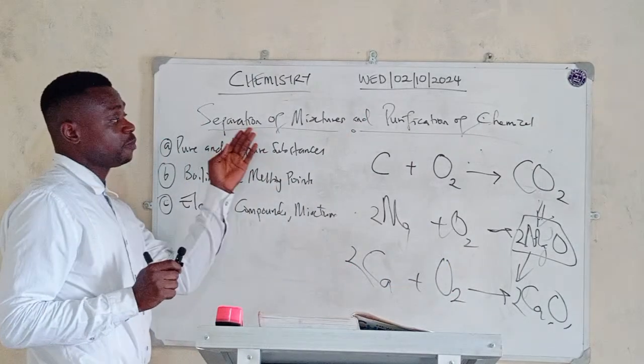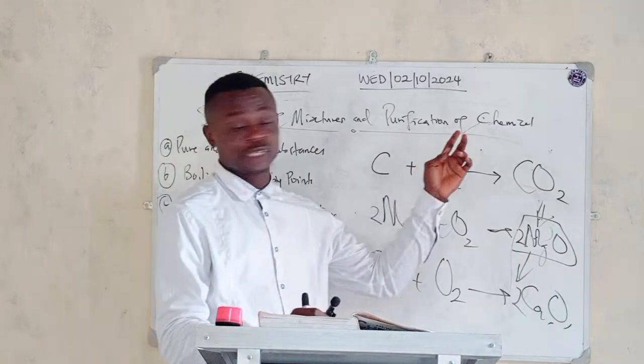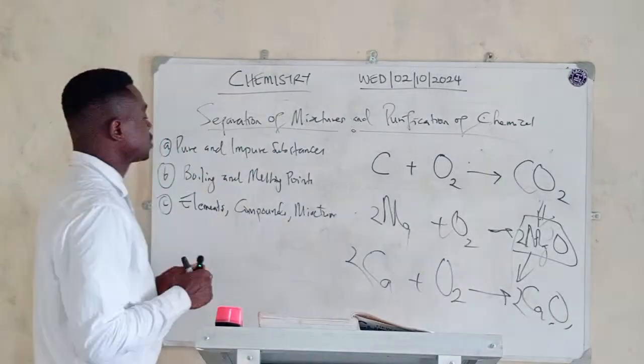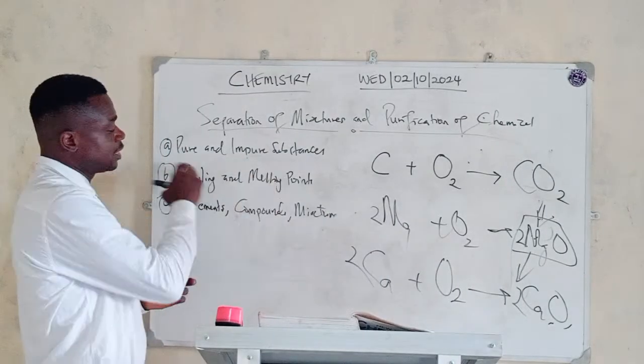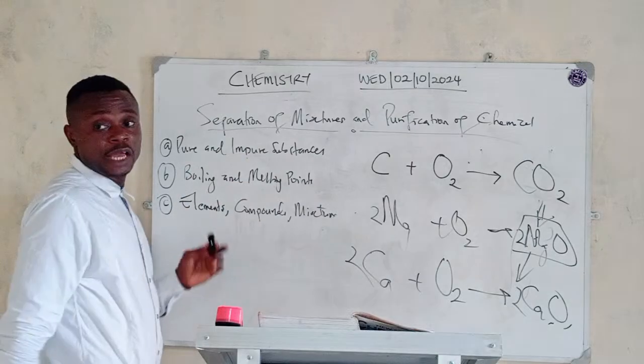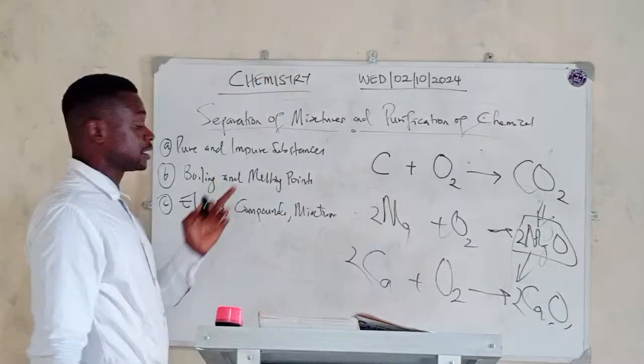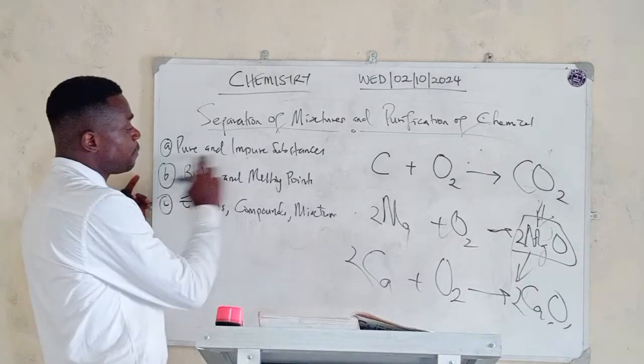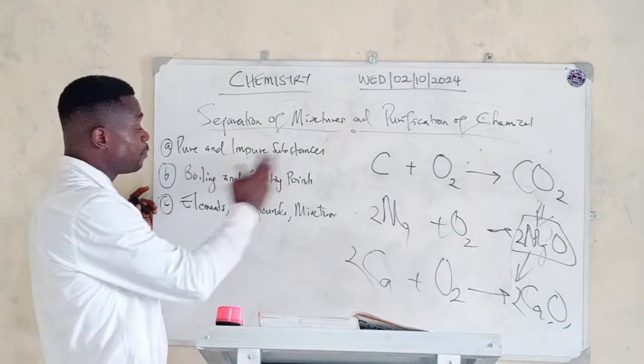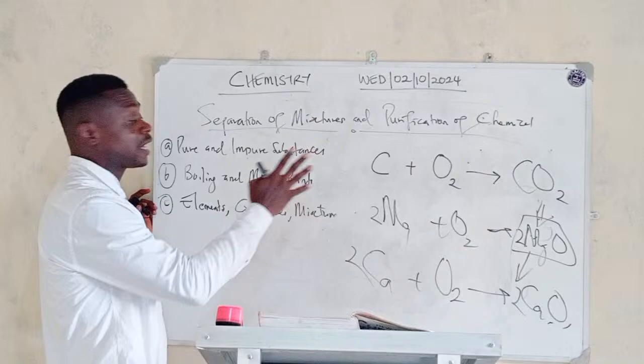We are looking at the topic separation of mixtures and purification of chemical substances. We treated it under the subtopic pure and impure substances, according to the JAM syllabus. We compared the difference between pure and impure substances.